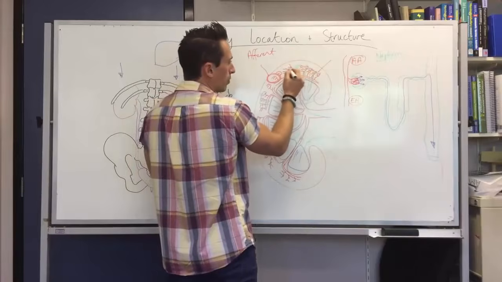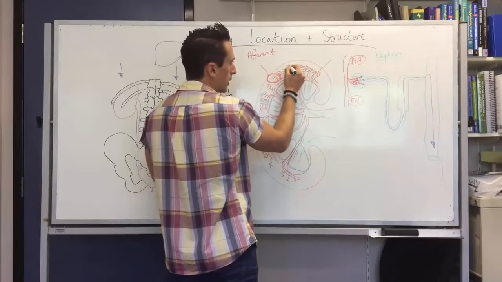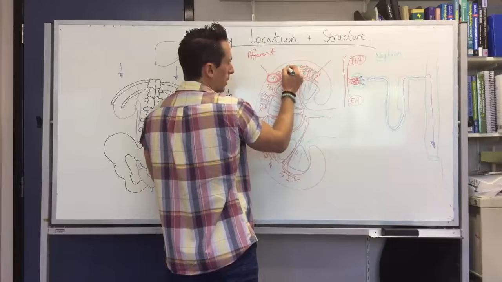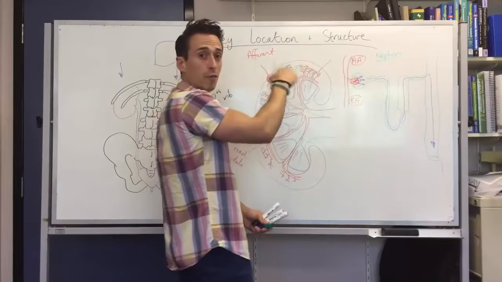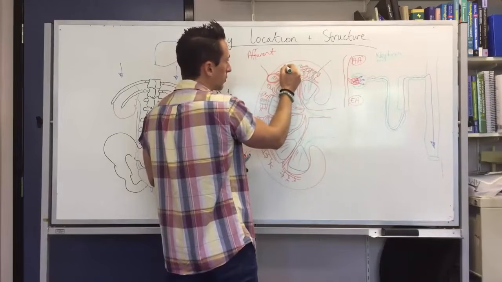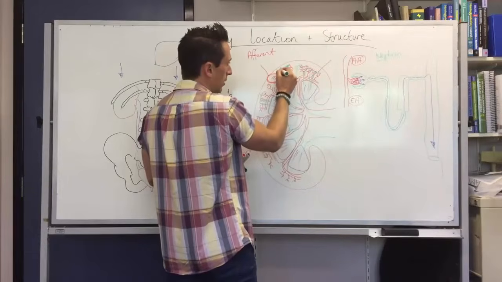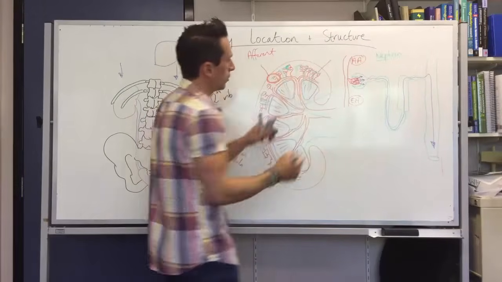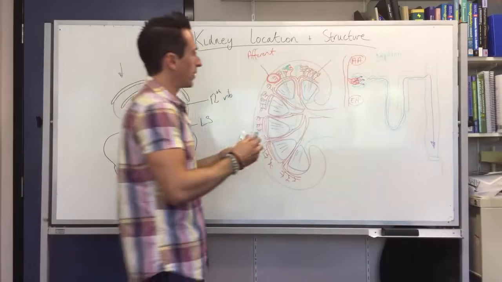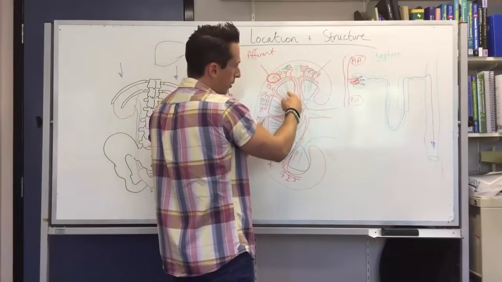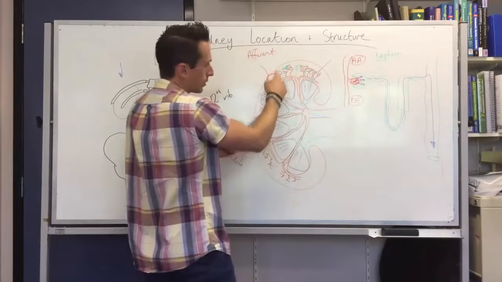So if I were to draw a bigger nephron, so there's the capsule, there's the afferent arteriole, there's the capsule, there's the proximal tubule, goes down like this and then moves down into the renal pyramid. Now, as it moves down into the renal pyramid, this is where the fluid starts to move down.